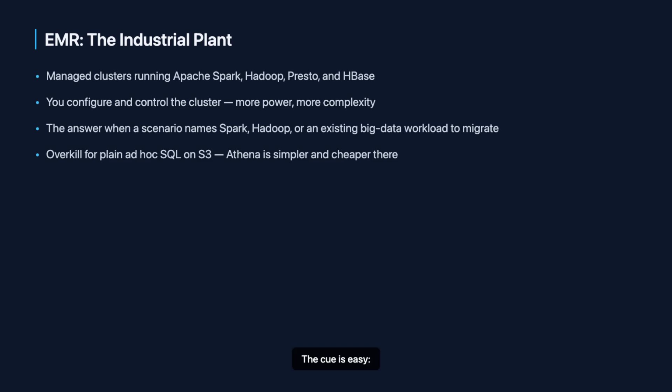The cue is easy. When a scenario names Spark, Hadoop, or an existing big data workload to migrate, the answer is EMR. But notice the flip side. If all you need is plain ad hoc SQL on S3, EMR is overkill. Athena is simpler and cheaper there.